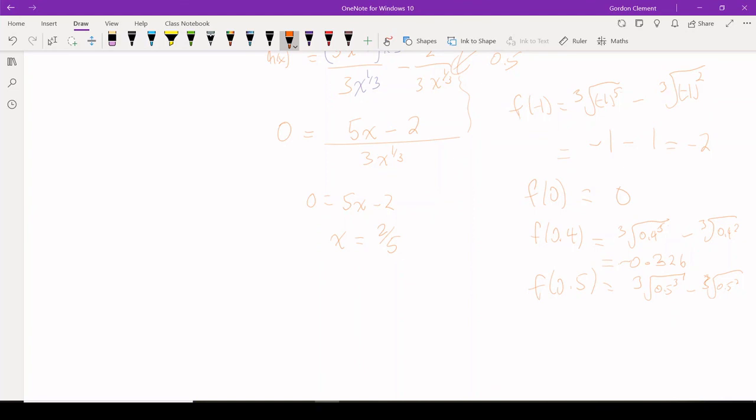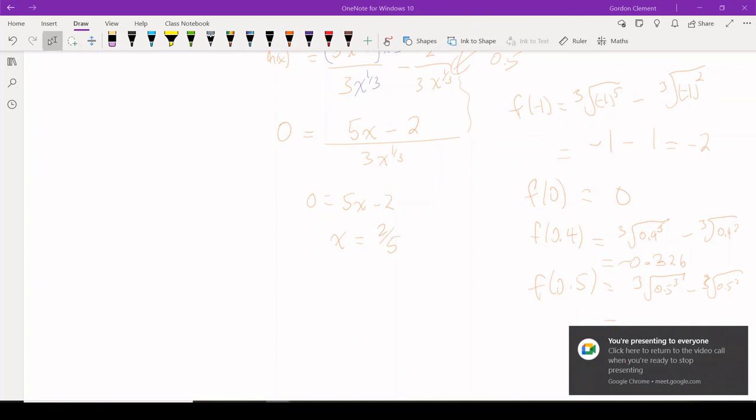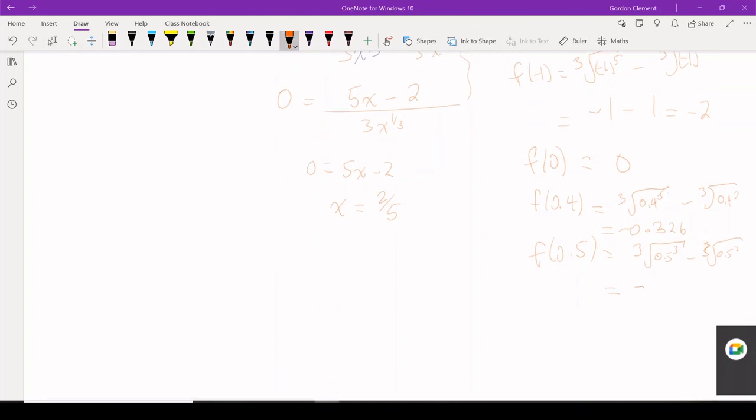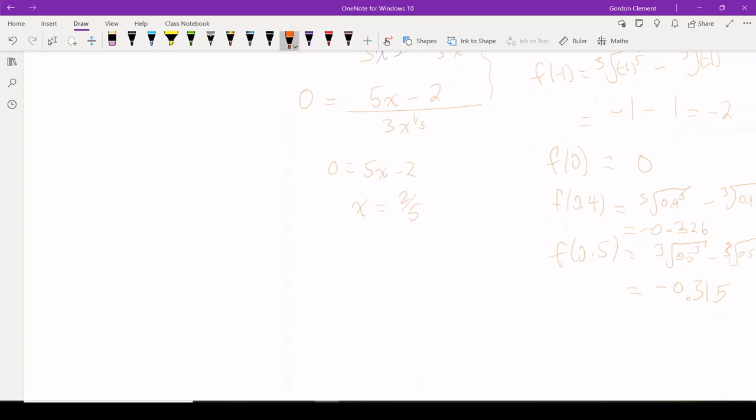Is that 0.4? Okay, thank you. 0.315. Looks like those are awfully close, but it doesn't matter because we've got the -2 there, so it really doesn't matter which one wins between there.